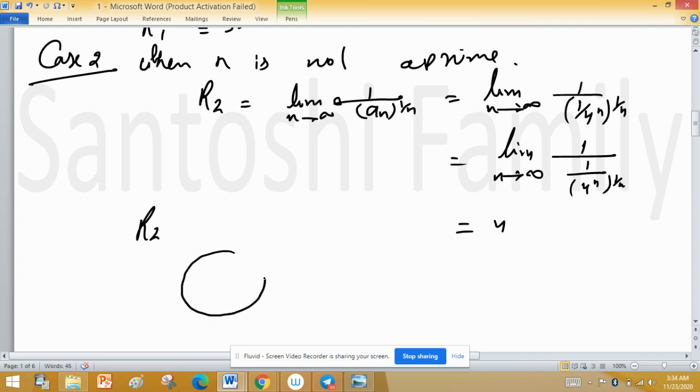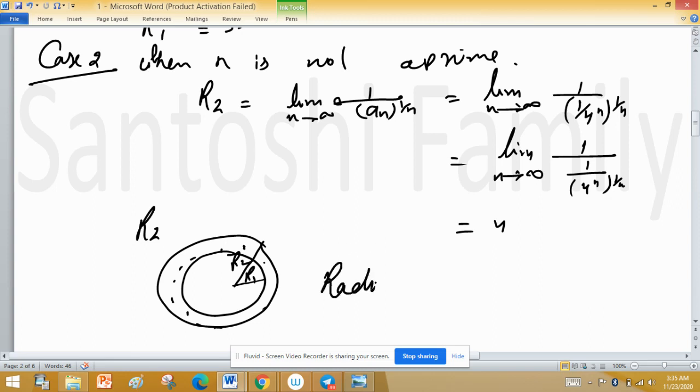Suppose this is the radius of convergence R1, which is 3, and this is the radius of convergence R2. So we take the minimum, because if we choose the max, then at some points the power series may be divergent. So we choose the minimum of these radii of convergence.